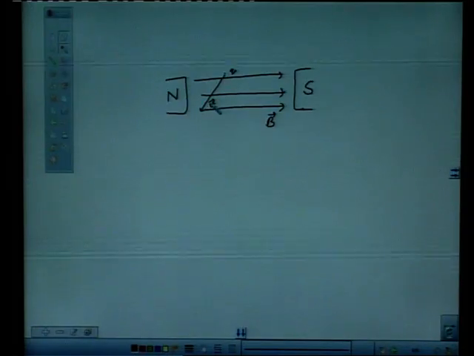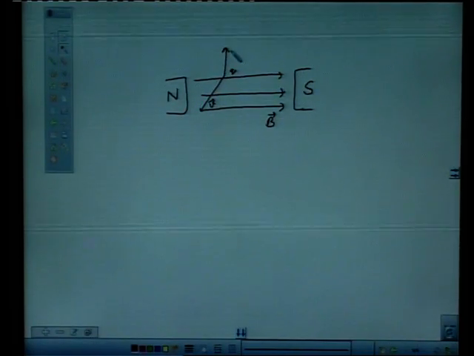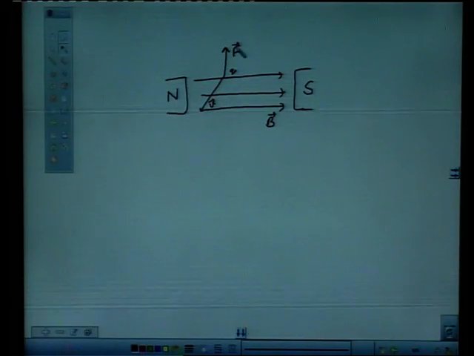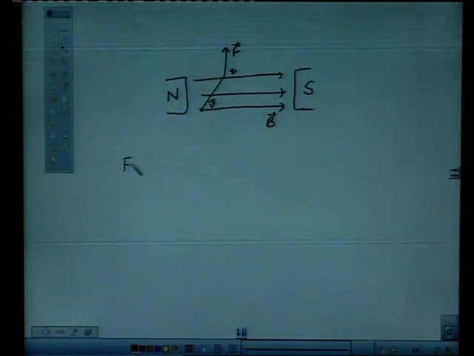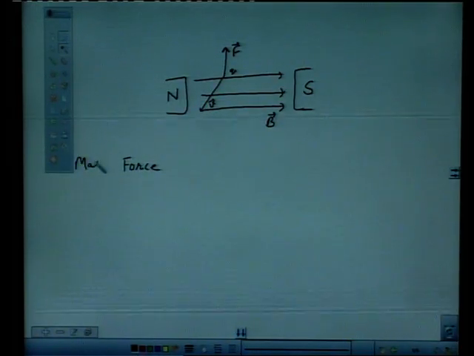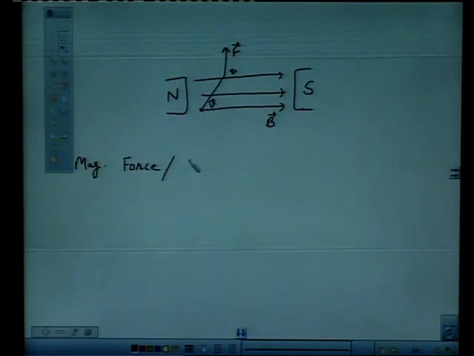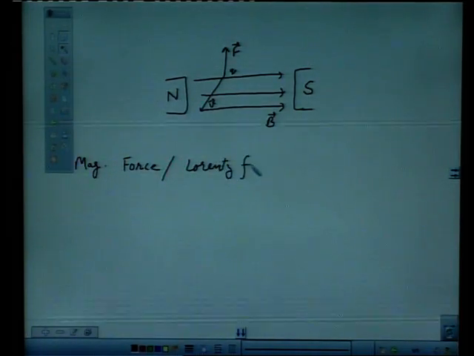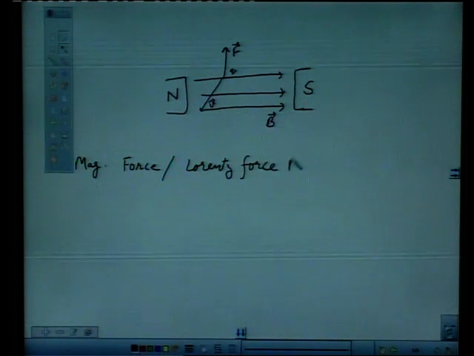So a force will act perpendicular to both magnetic field as well as this velocity in the upward direction. This force is called magnetic force or Lorentz force, Fm.